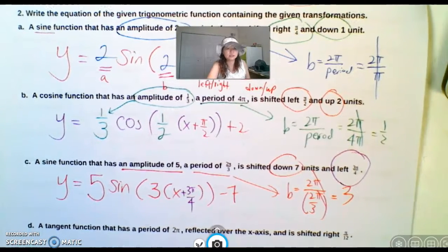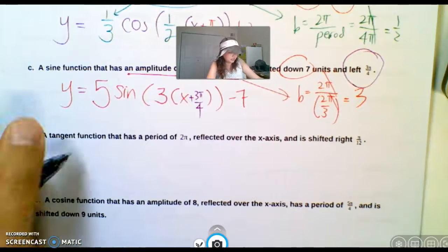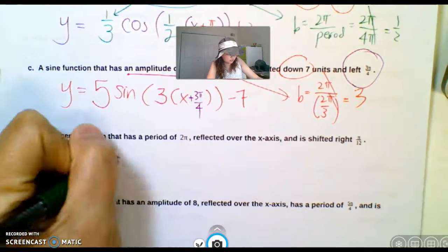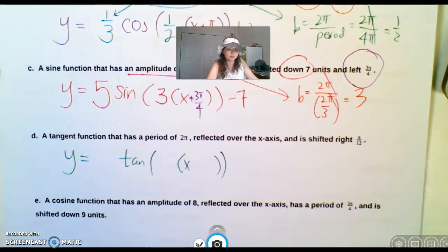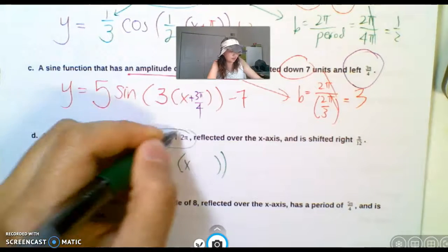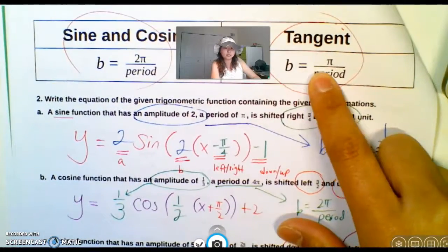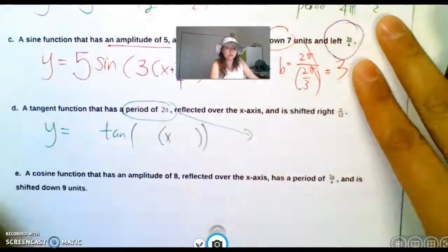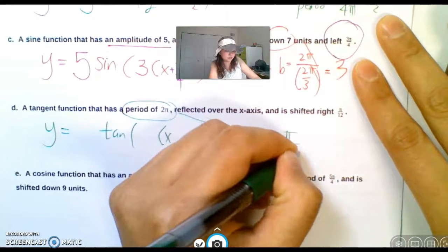You got this. Let's do some tangent. I'm getting bored. Tangent. So y equals tan, open, x, parentheses. Write out a tangent equation with a period of 2 pi. As you can see up here, for tangent, b is pi divided by period.